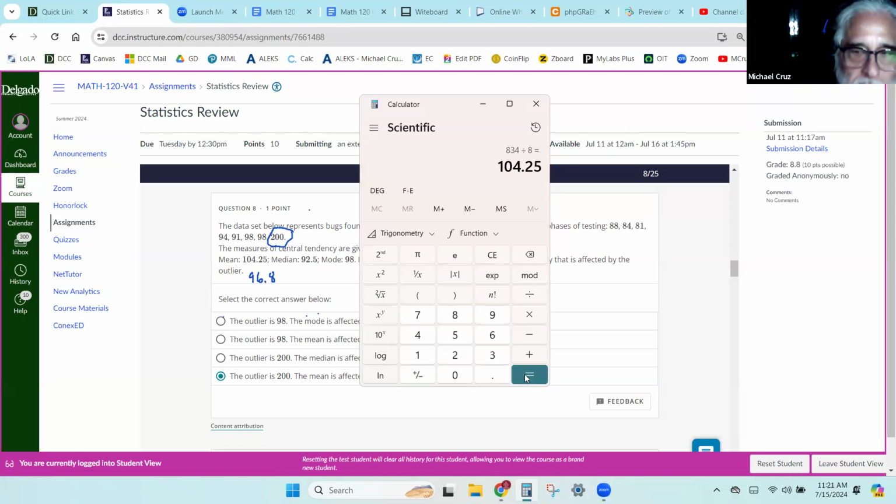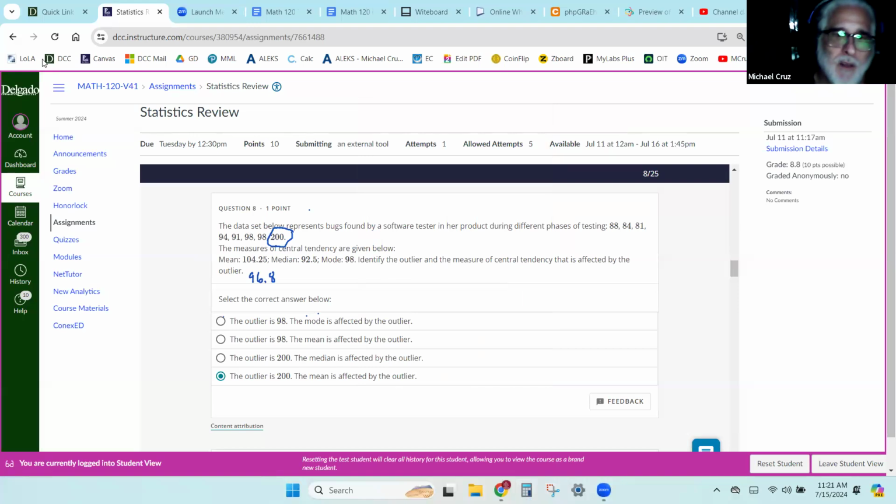See how it pushes it up. That one value makes it jump from almost 97 to 104 in the mean. And generally, when you have an outlier, the one that it's going to affect is the mean. Mean is what we call sensitive to outliers.